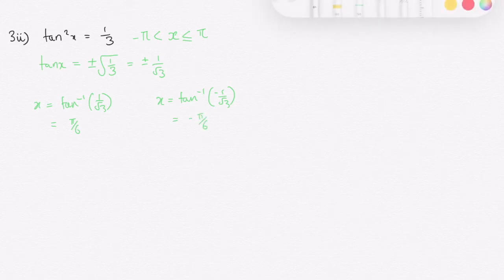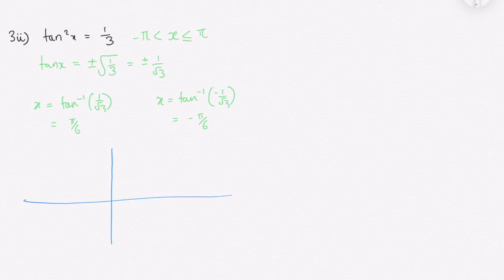But we need to be a bit careful because these aren't the only solutions. So let's draw out our tangent graph again, going between minus pi and pi. So we have pi here, an asymptote at pi over 2, and an asymptote at negative pi over 2, and then negative pi here.